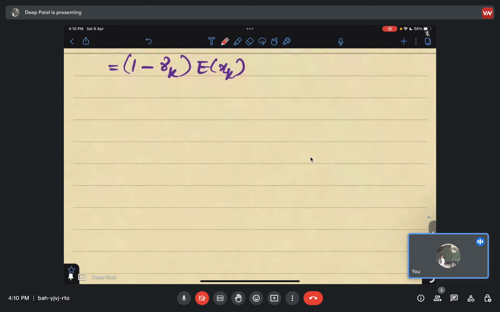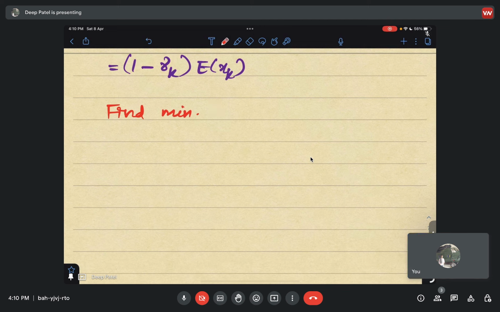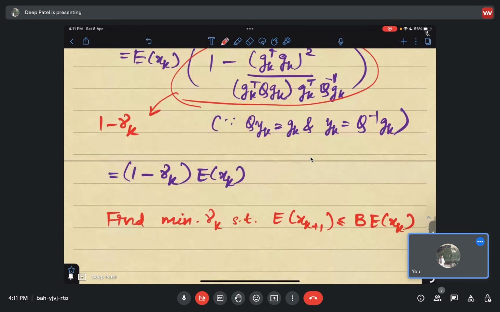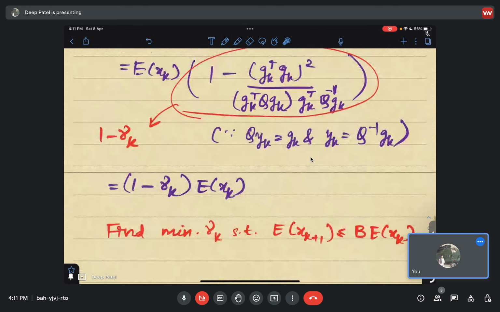So actually we would like to find the minimum gamma k such that exk plus 1 is less than or equal to b exk. So what you end up doing is formulating an optimization problem to minimize this whole term, which is equivalent to saying you maximize this term.